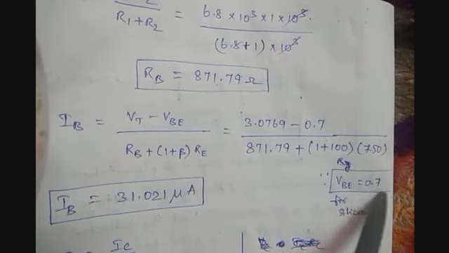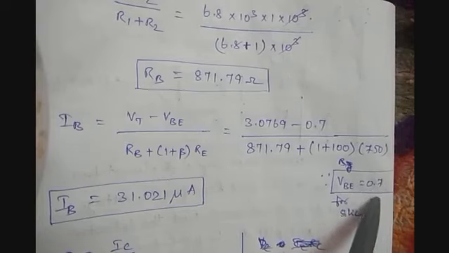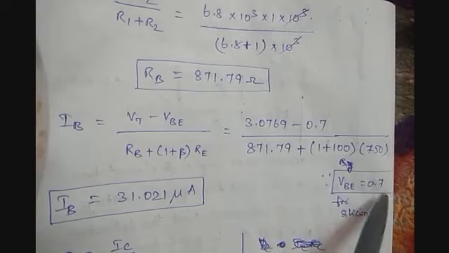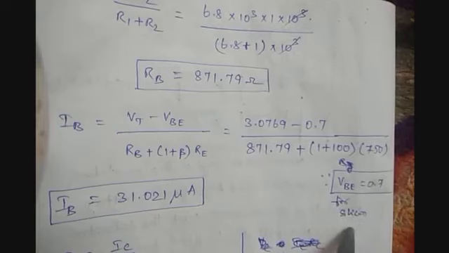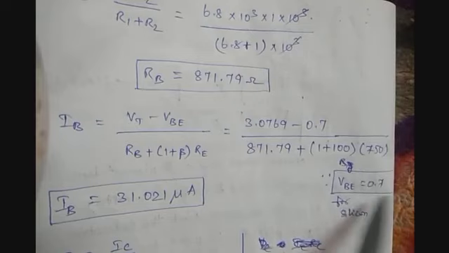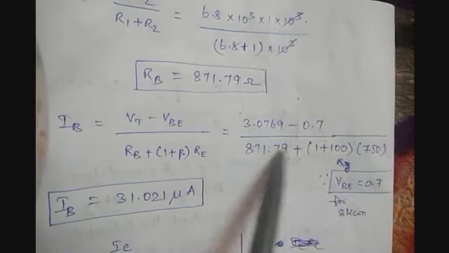For silicon, generally they won't say so in the question. We have to consider that the transistor is made up of silicon. For germanium, particularly they will give it in the question, remember. So 0.7 is the value for VBE, and substitute that.